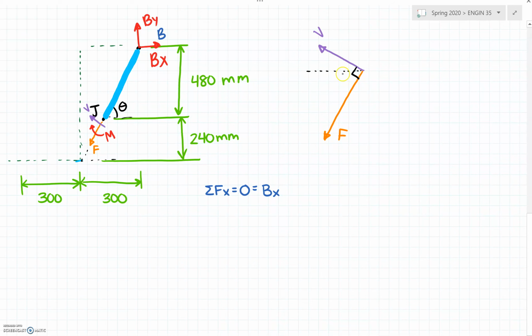Previously, we've solved and seen that this angle here is 67.4 degrees, and that this angle here is 90 minus 67.4, or 22.6 degrees.